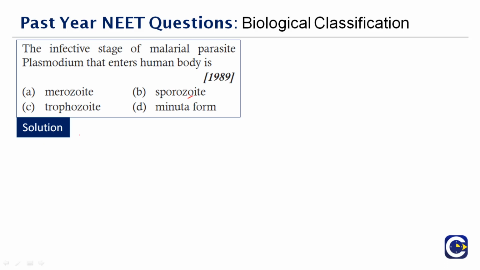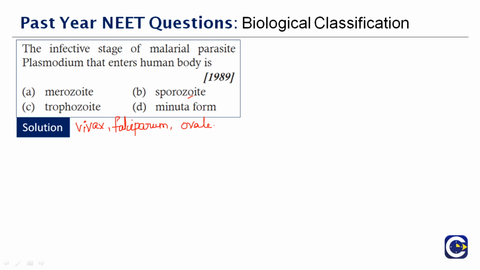We have different species under Plasmodium: Vivax, Falciparum, Ovale, and many more species under this genus that cause malaria. This is once again a vector-borne disease like trypanosomiasis.